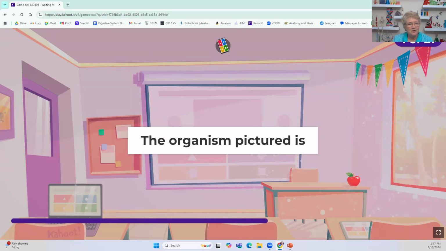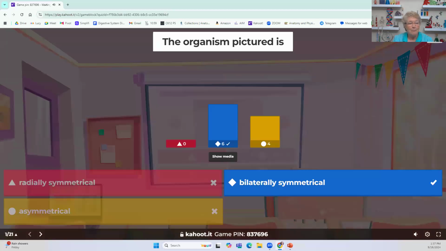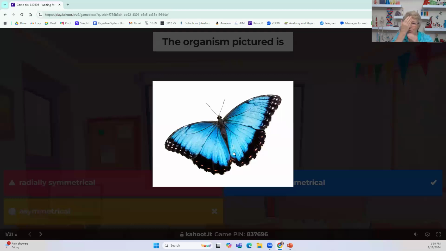The organism pictured is bilaterally symmetrical. So remember, when we say bilaterally, what we mean is 2 sides. There's one place that you can have mirror images of each other.